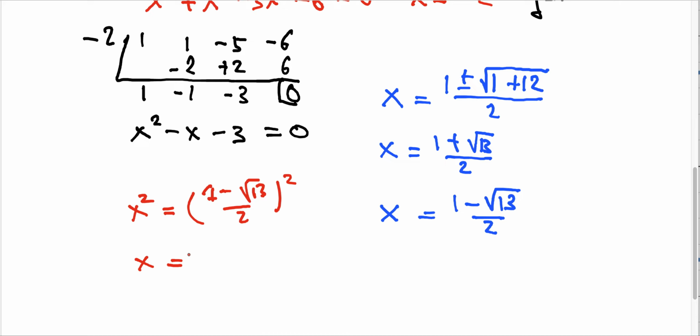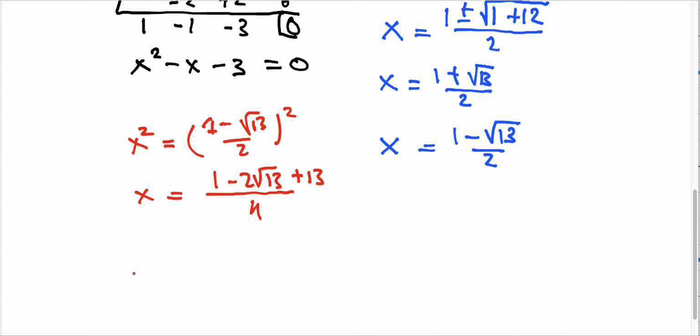So down here we already see we have a 4. And what do we have here? Here 1 squared is 1, minus 2 times 1 times square root of 13 is a minus 2 square root of 13, and square root of 13, everything in the square, is going to be just a plus 13. I'm taking a shortcut because I think this is very easy, so we don't have to waste a lot of time.